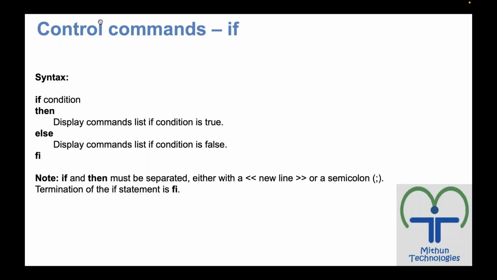If the condition is passed, we execute one set of commands. If the condition is not passed, we execute another set of commands, right? But only one condition is checked at a time. After that, it is not going to check again, right?